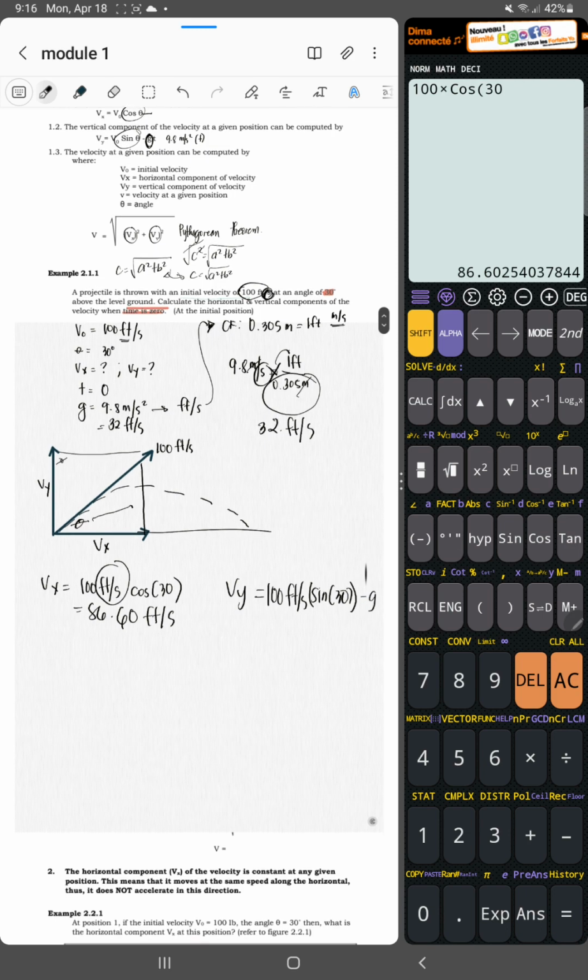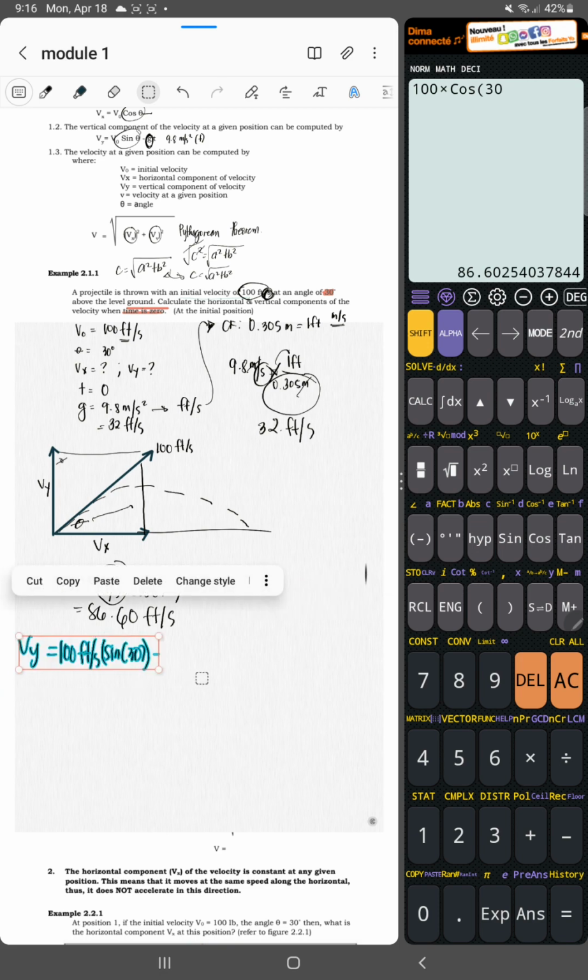The gravity, which is 32. Okay, wait lang. Minus the gravity, which is 32 feet per second, times 0. Okay, pala yung time natin is 0. Sabi niya, time is 0. Times 0.